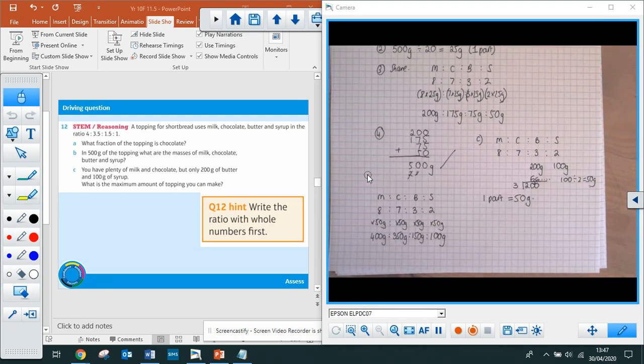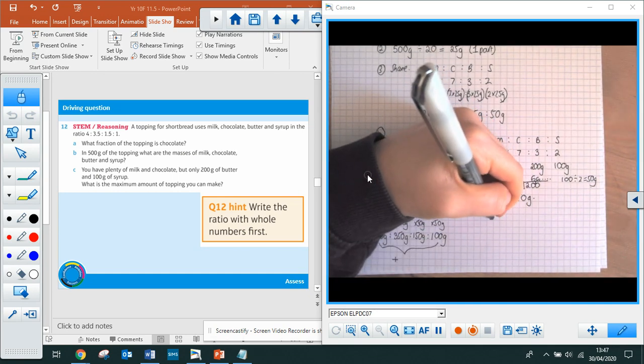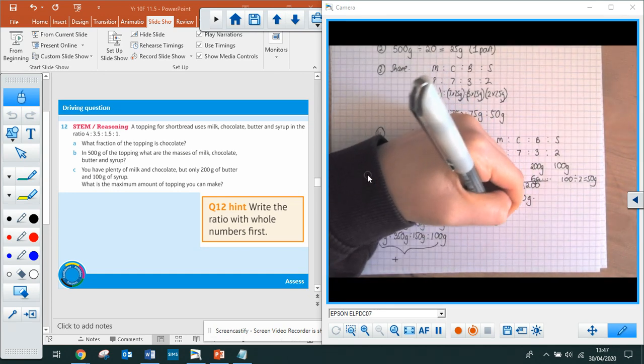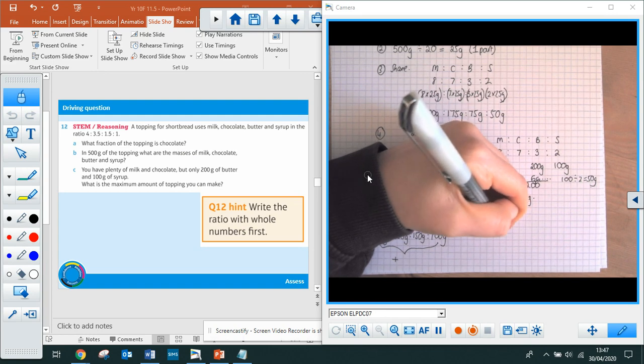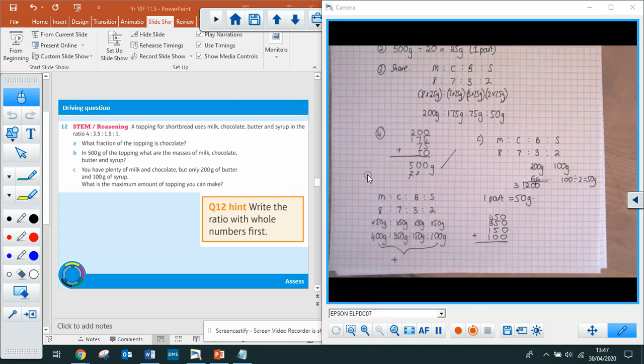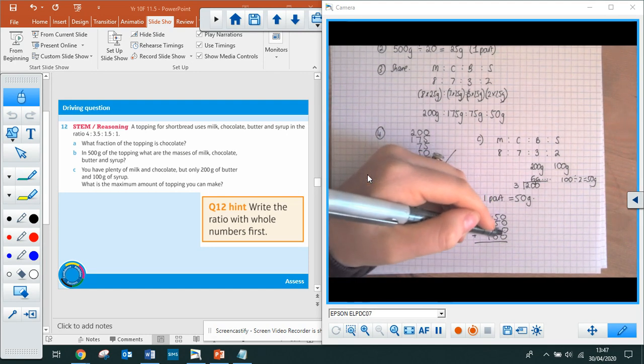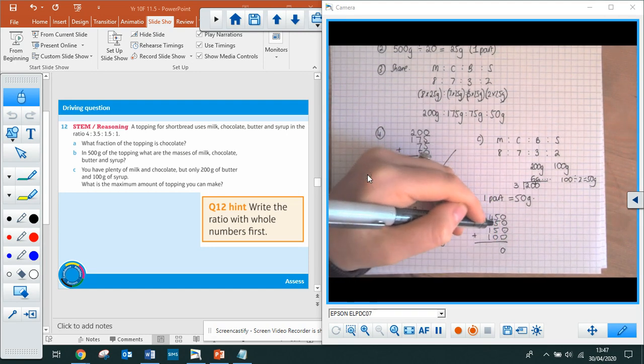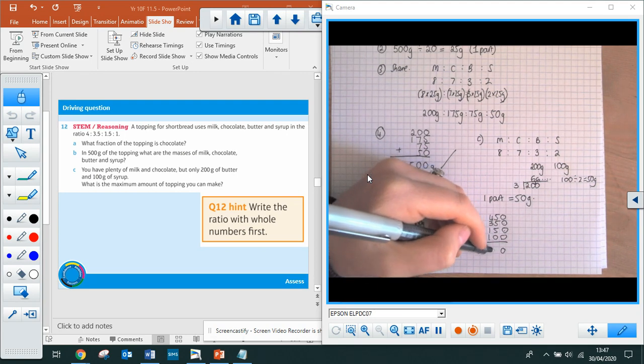Okay? So to answer the question, what's the maximum amount of topping you can make, we're going to add our ingredients together. So we've got 450 plus 350 plus 150 plus 100. So add those together. 0 add 0, 0, 0 is 0. 5 add 5 is 10, add 5 is 15, add 0 is 15.